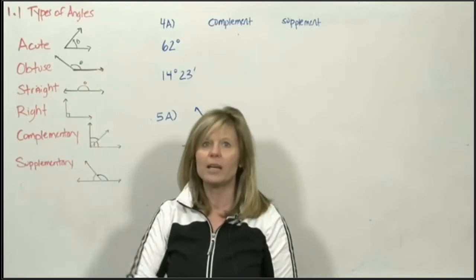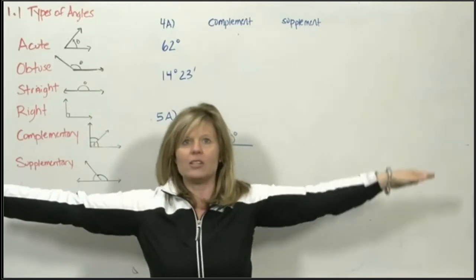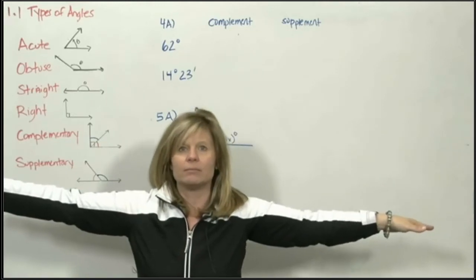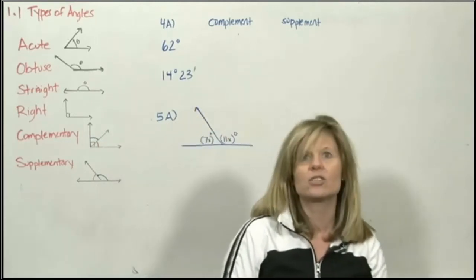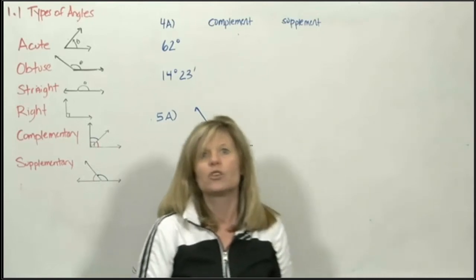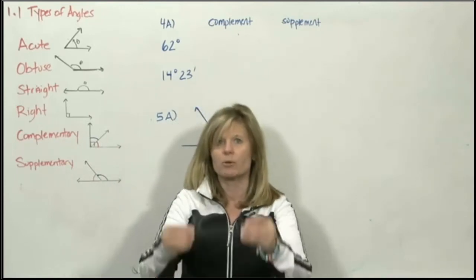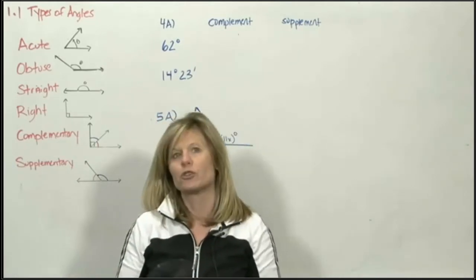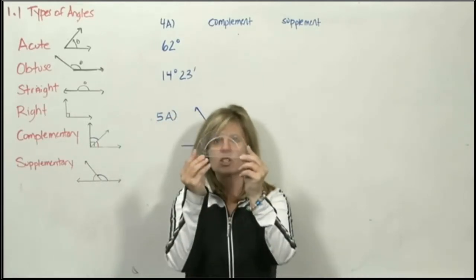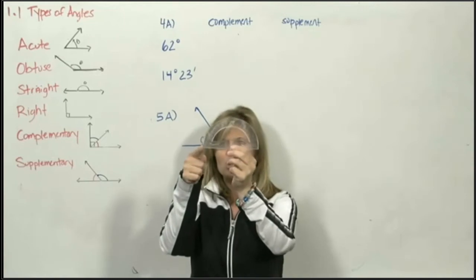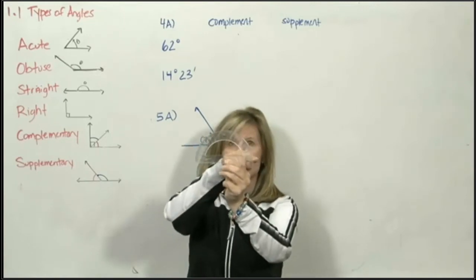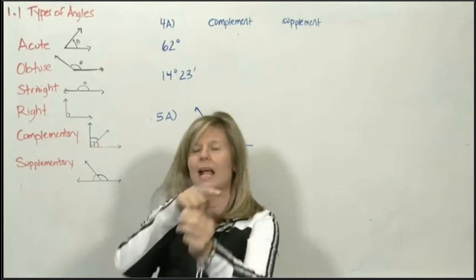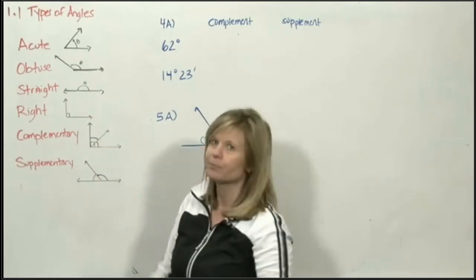Then you have a straight angle. A straight angle means you start and you end and you make a line, and a straight angle is 180 degrees. If you remember, one of the great things you used in geometry class was this tool called the protractor. Now, you don't need a protractor for trig, but just so you all understand, if you look back at a protractor, it starts here at 0, and the highest angle you could have drawn in geometry was 180, which would have been a straight line.